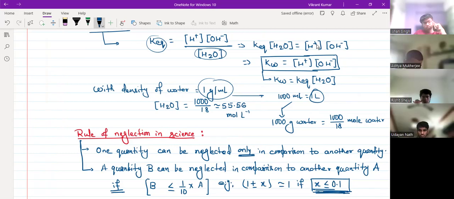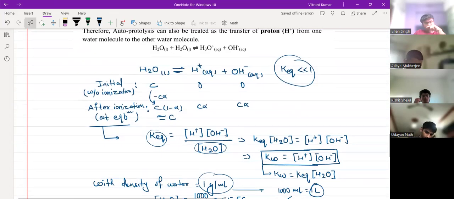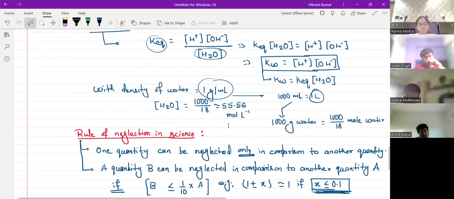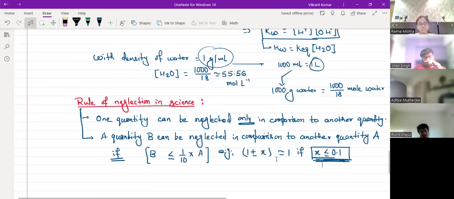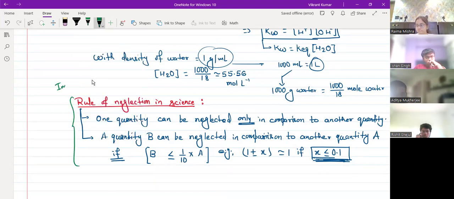So you'll find that above, I said a 1 minus alpha term came. Whenever we find that the value of alpha is less than 0.1, we can always write directly 1 in place of 1 plus alpha or 1 minus alpha. Is it okay? Any doubt?